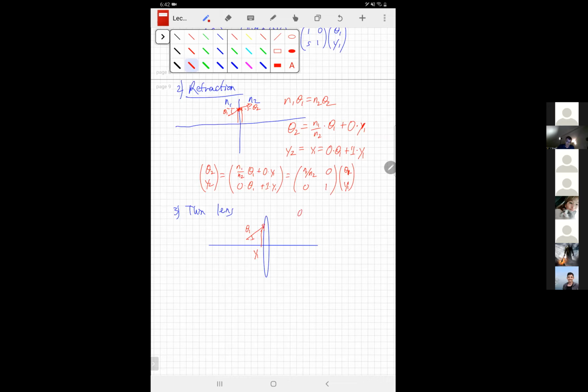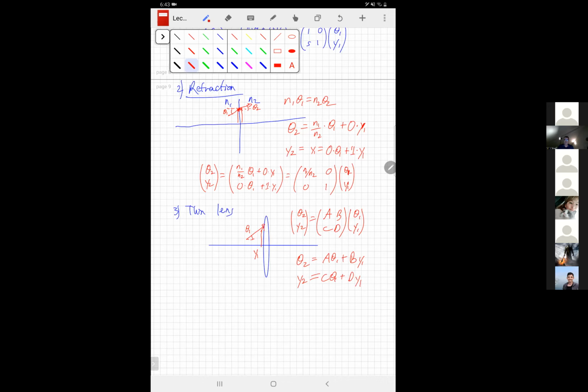We've got that theta 2, y2 equals a, b, c, d times theta 1, y1, or theta 2 equals a theta 1 plus b y1, and y2 is equal to c theta 1 plus d y1.